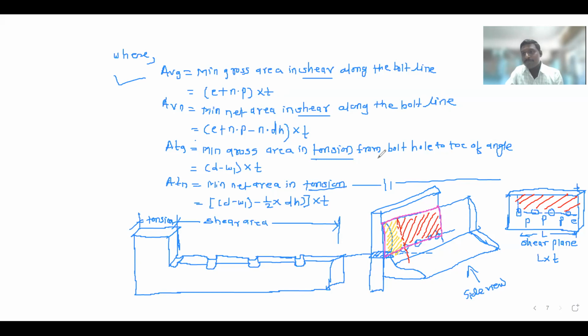ही टोटल लेंथ मिळाली की नाही? E plus 3 into P म्हणजे काय मिळालं तुम्हाला? टोटल लेंथ शेअर प्लेनची. हा, शियर प्लेनची टोटल लेंथ मिळाली. लेंथ इंटू टी इथं केलं बघा. ही लेंथ झाली, इंटू टी केलं की काय मिळालं तुम्हाला? एरिया, ग्रॉस एरिया. आलं का लक्षात सर्वांच्या? हाऊ फर्स्ट हा जो पहिला फॉर्म्युला जो डिराइव्ह झालेला आहे E प्लस N इंटू P इंटू टी, कसा आला? लक्षात आलं का? येस सर.